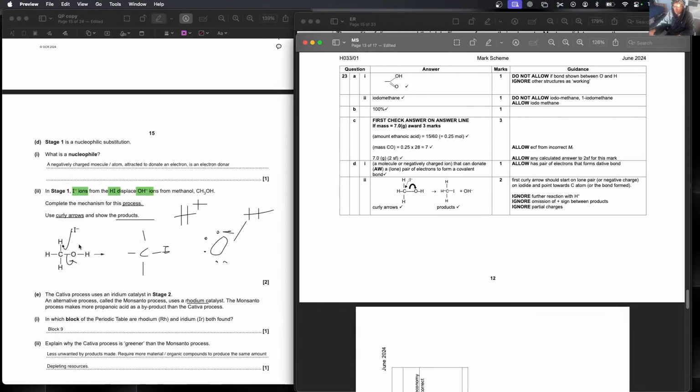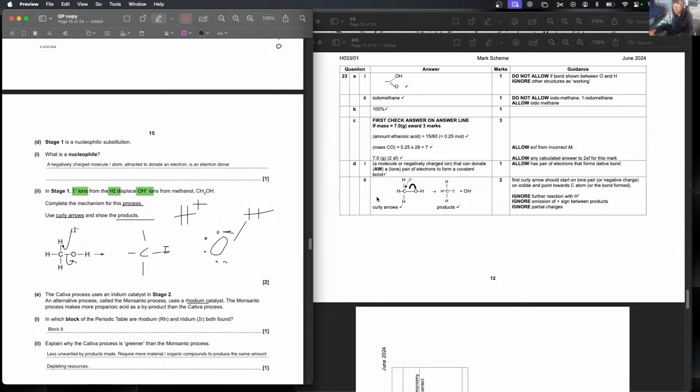I'd actually lose the mark here because I did two.